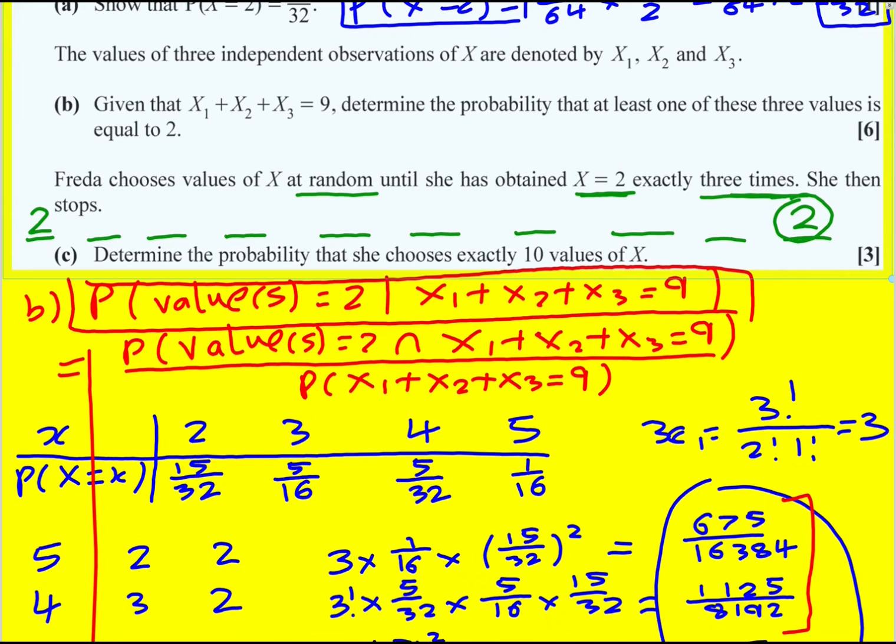We just care that she doesn't get a 2. So I'm going to write capital N for not getting a 2. And then maybe she gets a 2 there. So actually I'm looking at arranging these. I've got 9 values that I'm allowed to arrange, but 2 of them are the same and another 7 of them are the same. And this is where our other aspect of permutation comes in.